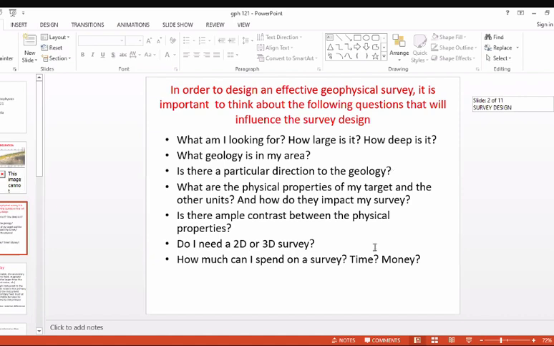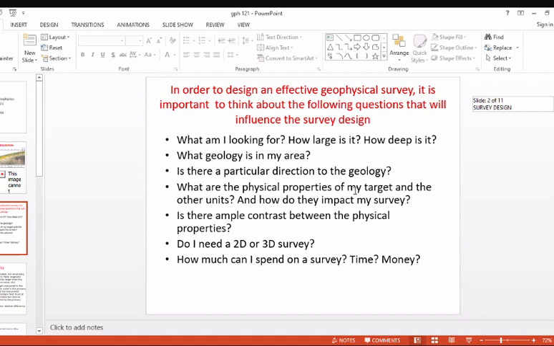The next question: what are the physical properties of my target that we are interested in? What are the physical parameters we want to measure? We want to measure resistivity. Resistivity is one of the physical parameters.